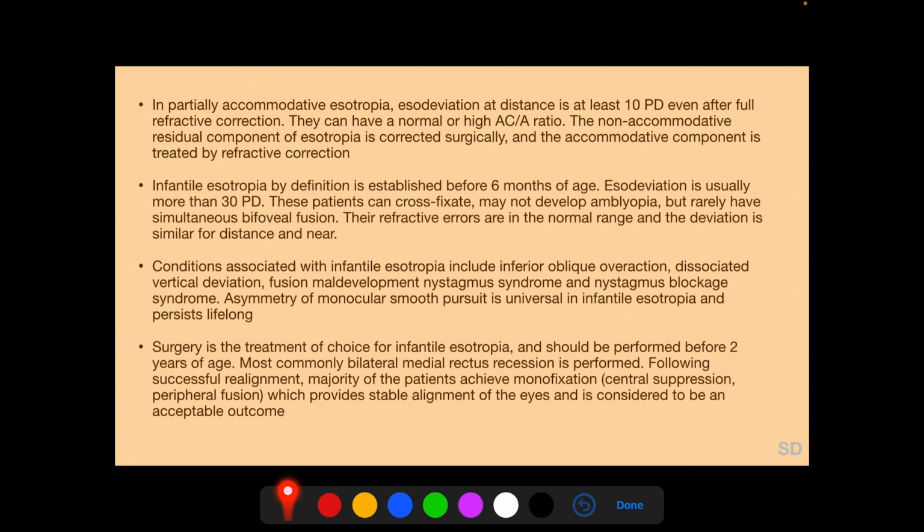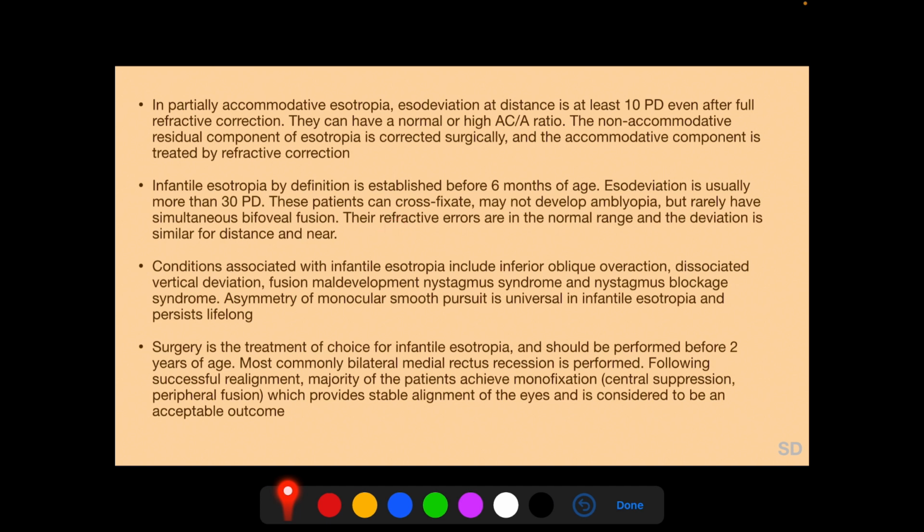Infantile esotropia by definition is established before 6 months of age. Esodeviation is usually more than 30 prism diopters in infantile esotropia. These patients can cross-fixate, may not develop amblyopia, but rarely have simultaneous bifoveal fusion.